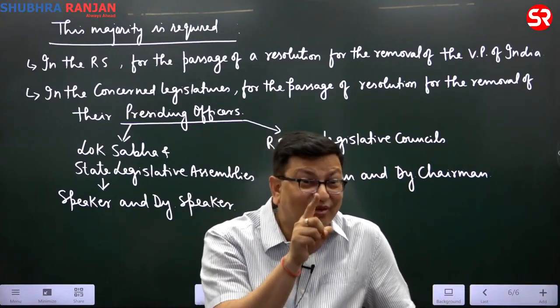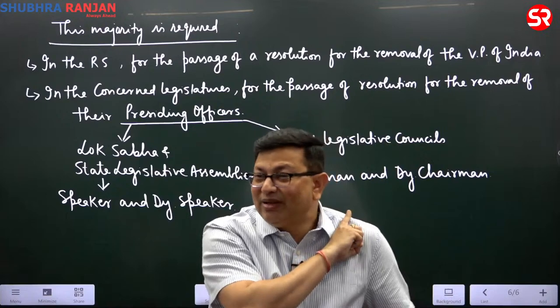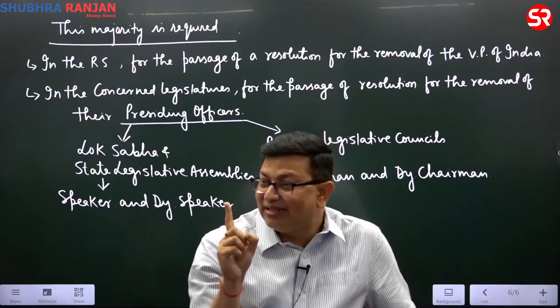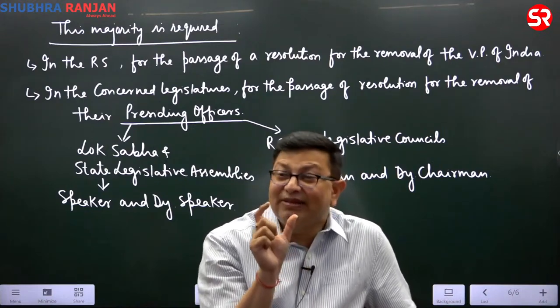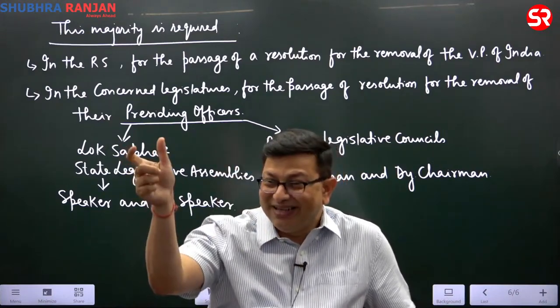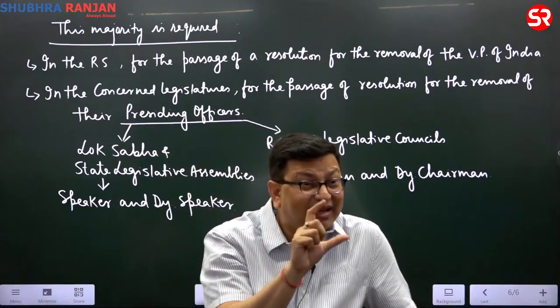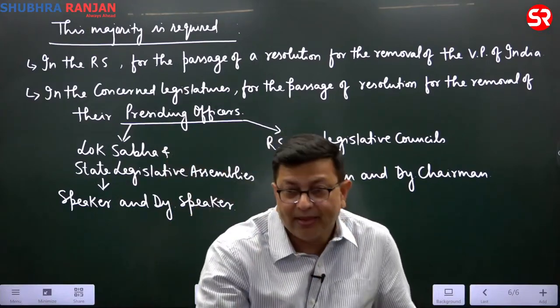So the speaker was removed and this majority was required in the Bihar Legislative Assembly. So effective majority, in the examination it will be the then strength, majority of the then strength. That should be your keyword here.